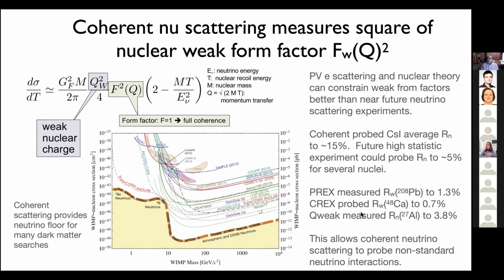So constraining the weak form factor with parity violating electron scattering allows coherent neutrino scattering to be used to probe non-standard neutrino interactions. So parity violating electron scattering and coherent neutrino scattering are complementary.